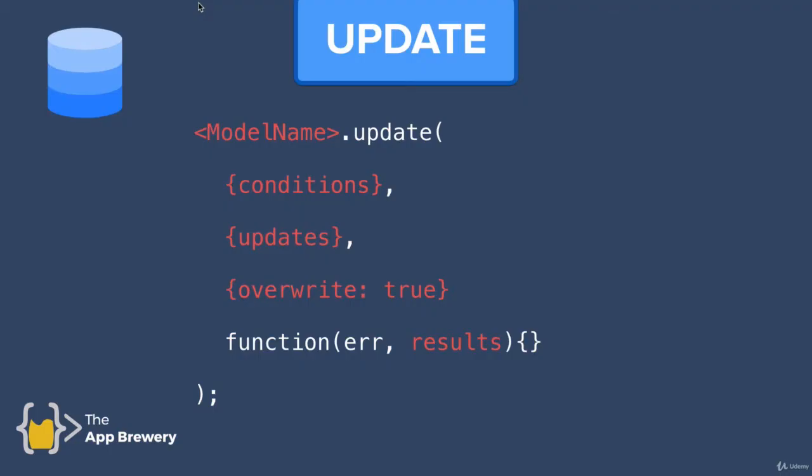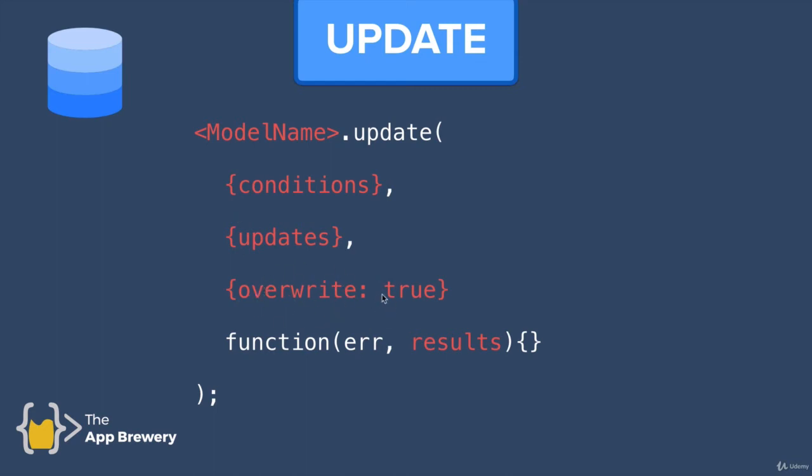Finally, all that we have to do is add the finishing touch to this update method, which is to include that overwrite is true argument. Now, the reason why we need to add this is because by default, if we were to update our document using MongoDB, then this is already enabled.